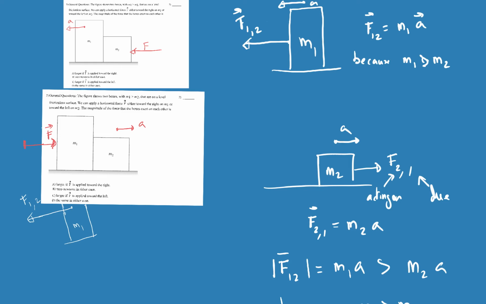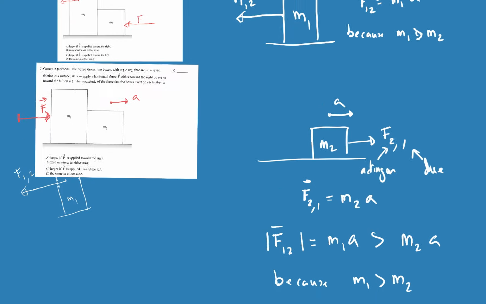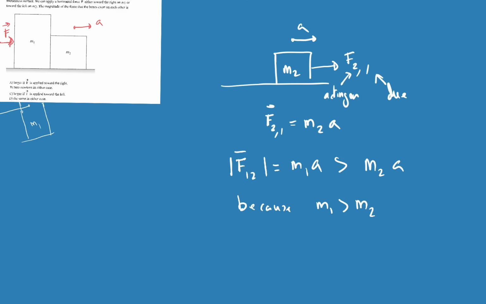So the magnitude of F12 is M1 times A, and the magnitude of F21 is M2 times A. Because M1 is bigger than M2, F12 is bigger than F21.